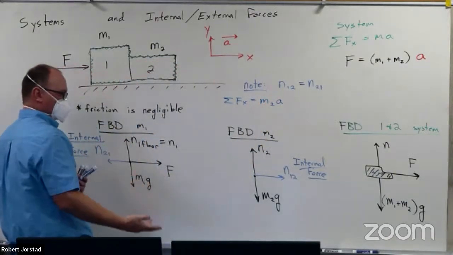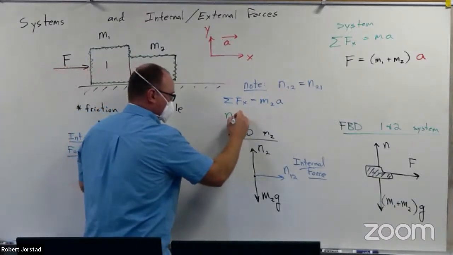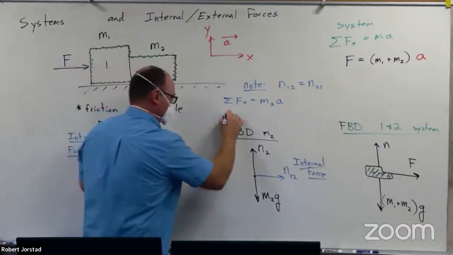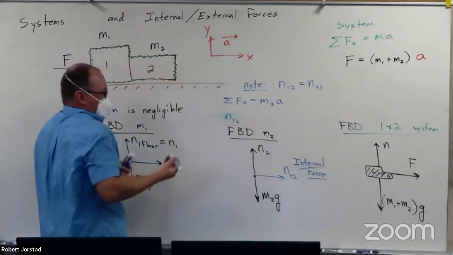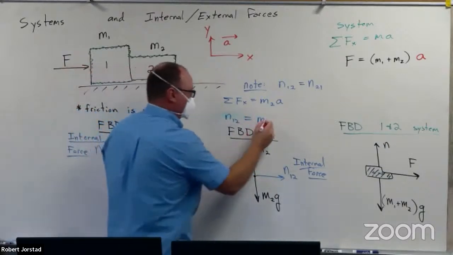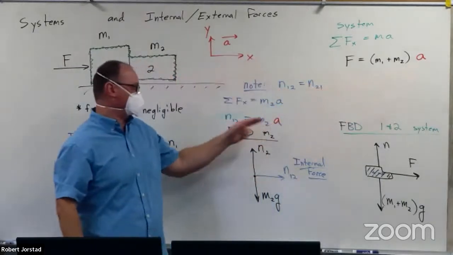Give it to me. What's the sum of forces in the horizontal direction? Normal force 1-2. Yeah, whoops, wrong color. That's it. Now, do you agree? If we know the force, we could get the a, we can plug that in here and get the N12.